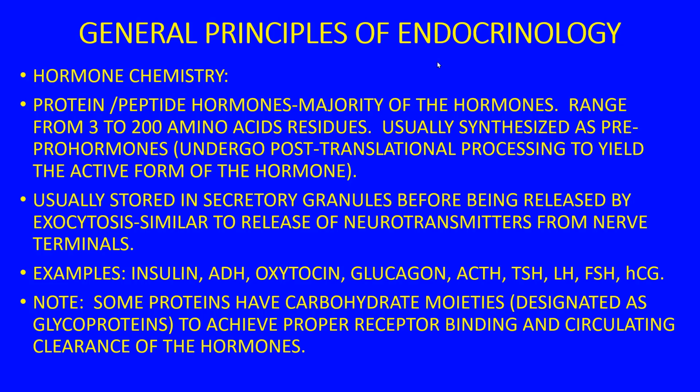Now, a lot of the hormones, the majority of them, are protein or peptide based. They range from 3 to up to 200 amino acid residues. Usually they're synthesized as what we call a pre-pro hormone. In other words, think of it as a much, much longer piece, like beads or pearls on a necklace. This is where we get into what we call post-translational processing. Certain enzymes will be activated. They will clip and cut off certain pieces.